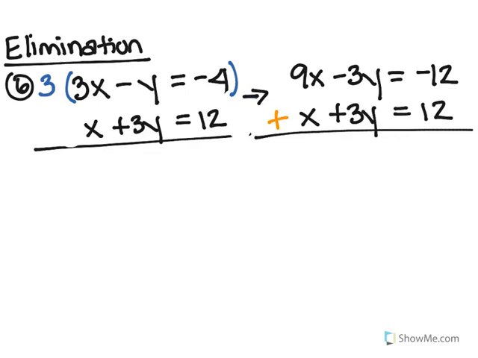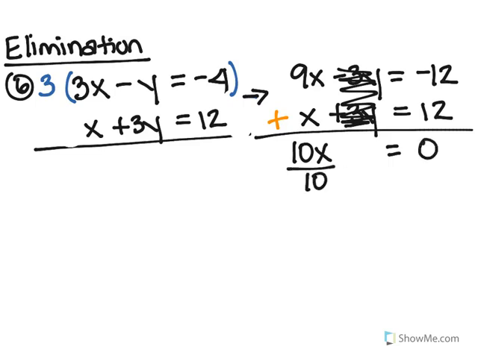You're going to combine like terms. So my x term, 9x plus 1x is 10x. My y's, the reason why we're eliminating, they're gone. Negative 3y and positive 3y is 0. Equals negative 12 plus 12 is 0.